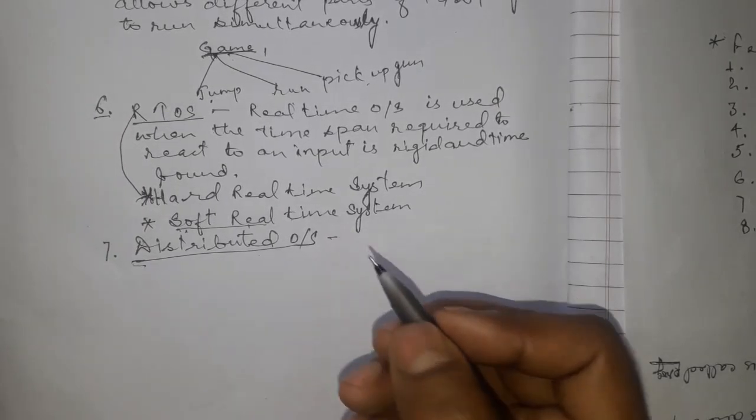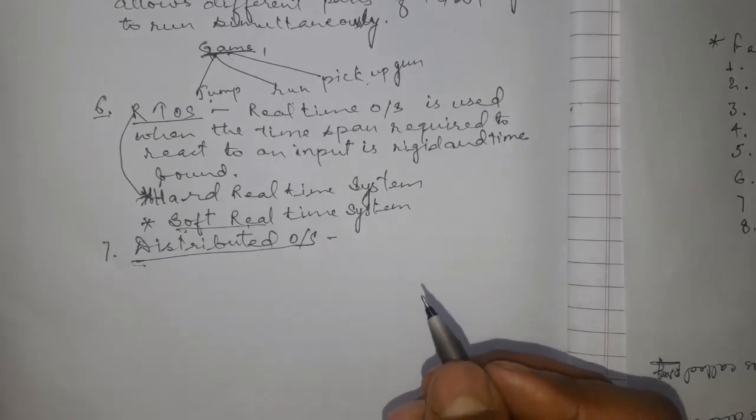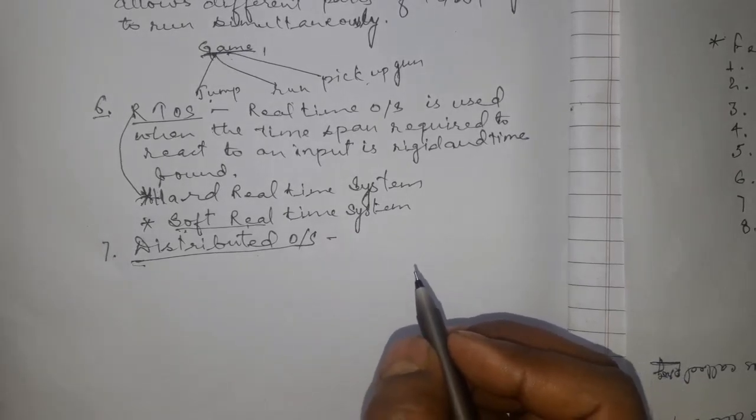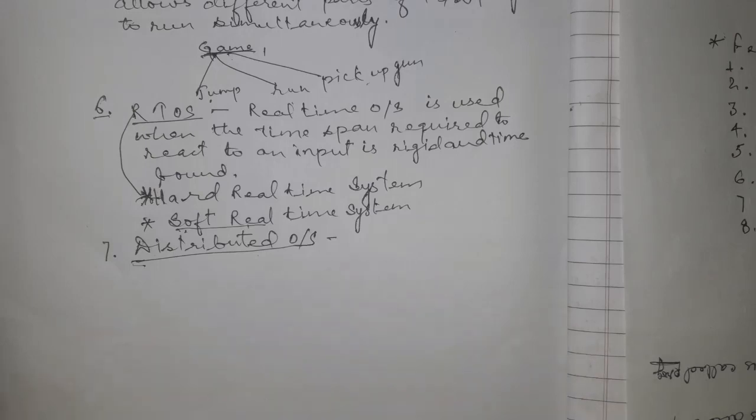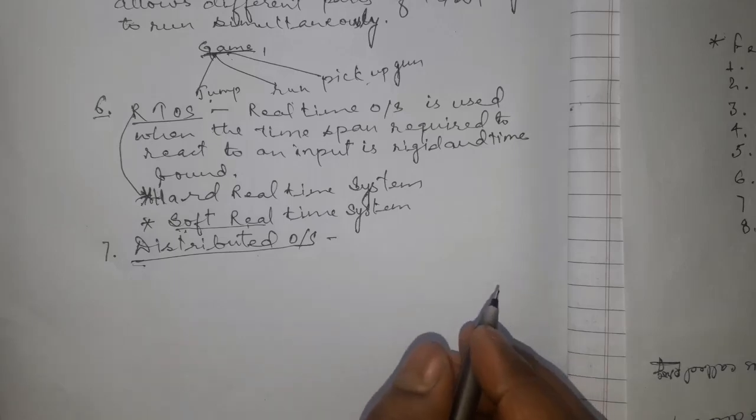So a distributed operating system is one in which all the work is distributed over many computers that are interconnected.